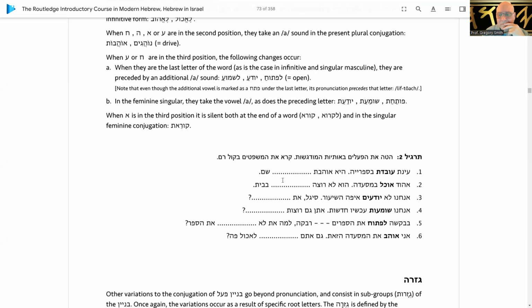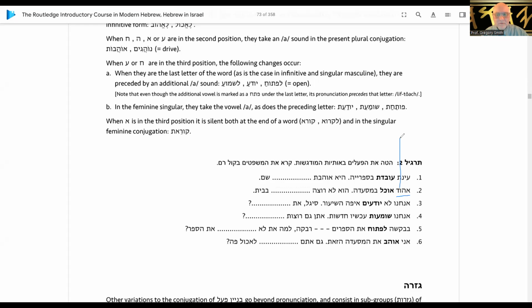Okay, so now number 2, we have "Ehud," so that's definitely masculine singular. "Ochel," I think that's "ochel." Ehud is eating, let's see here, "bamisadeh."